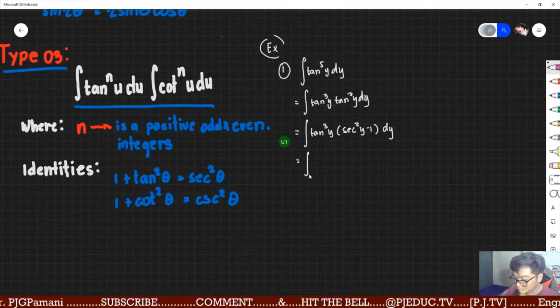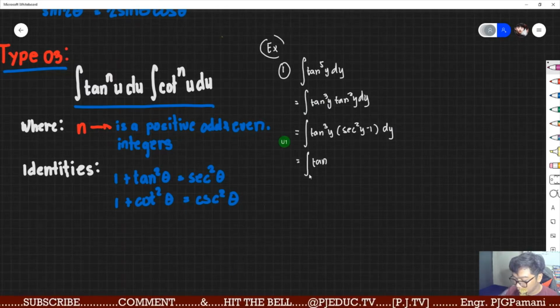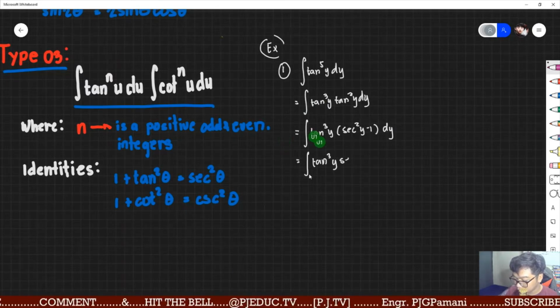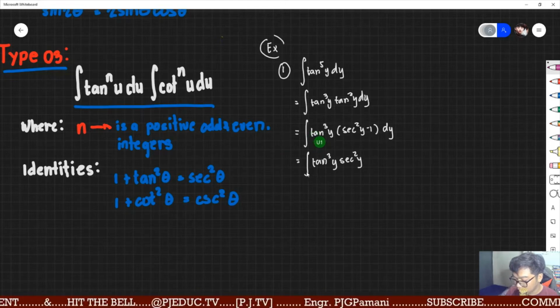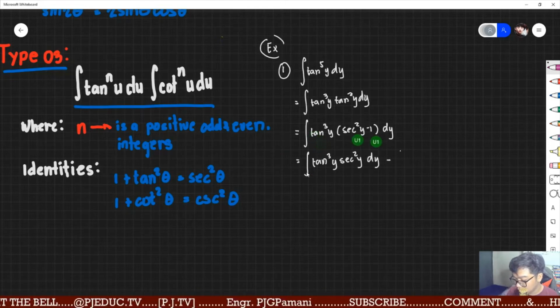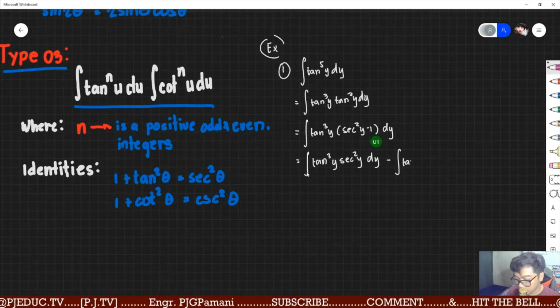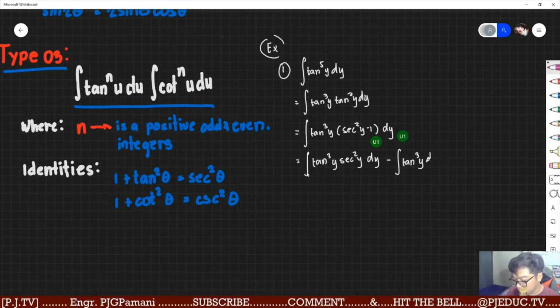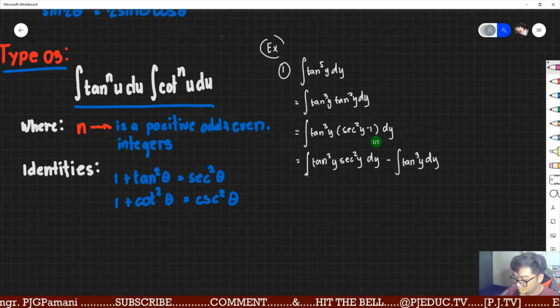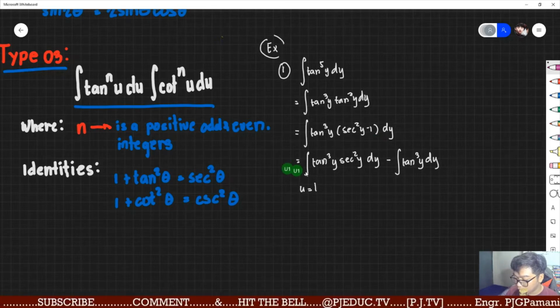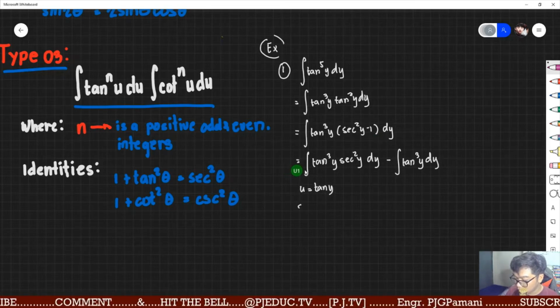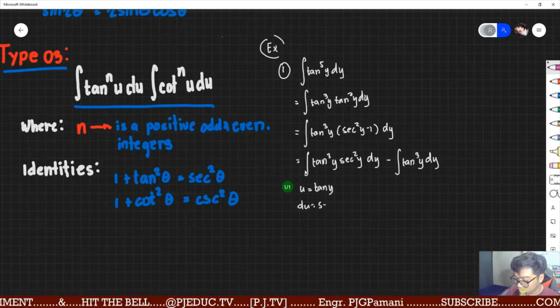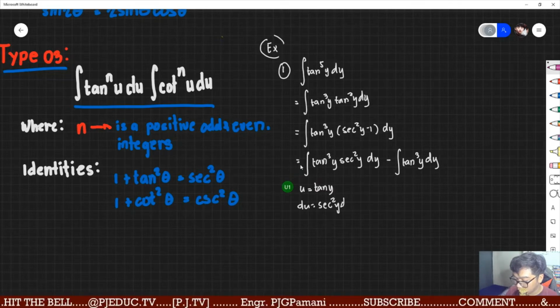Basically, distribute your tangent cubed to the parenthesis term, the integral of tangent cubed y secant squared y dy minus the integral of tangent cubed y dy. Then remember that the differential of tangent y is equal to secant squared y dy.